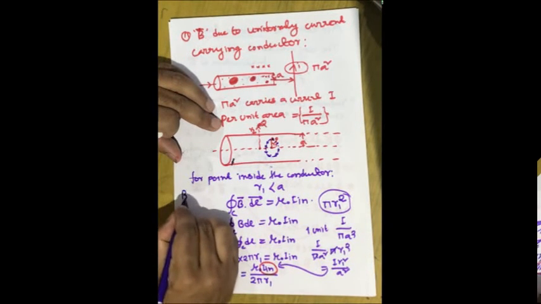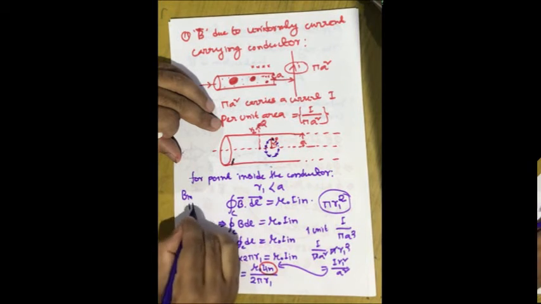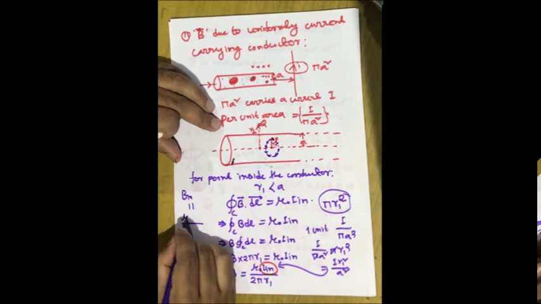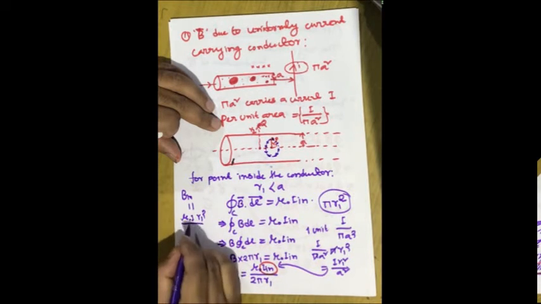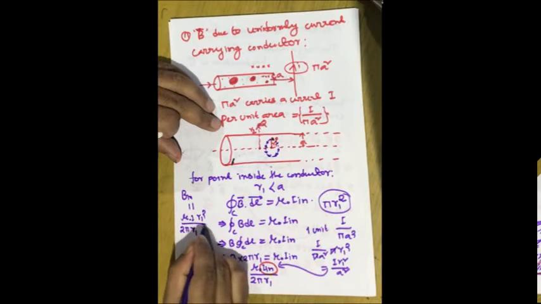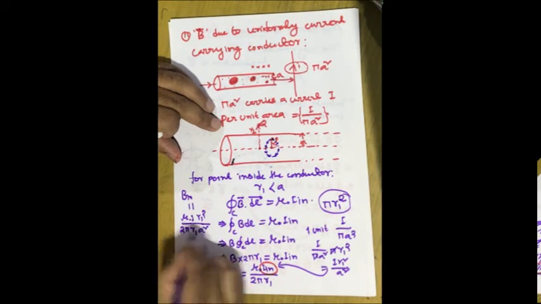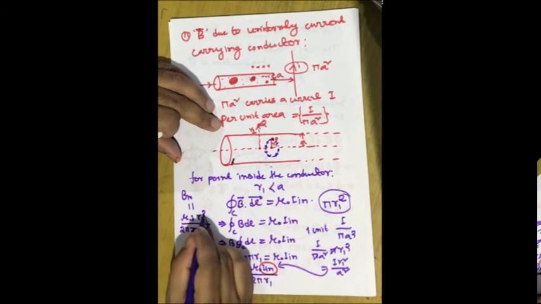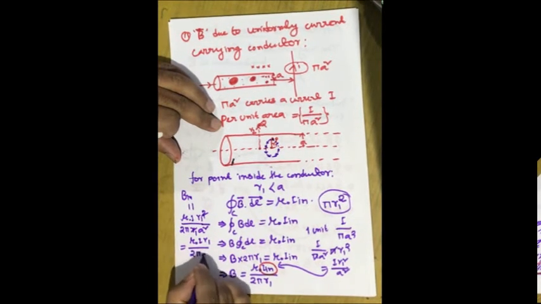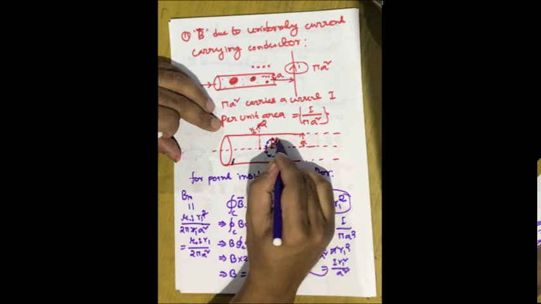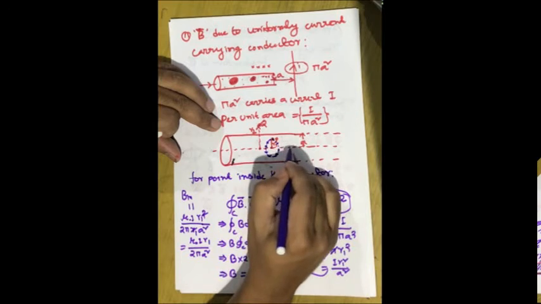B inside will be equal to mu naught, this value I r1 square divided by 2 pi r1 into a square. So r1 gets cancelled, and it will be equal to mu naught I r1 divided by 2 pi a square.